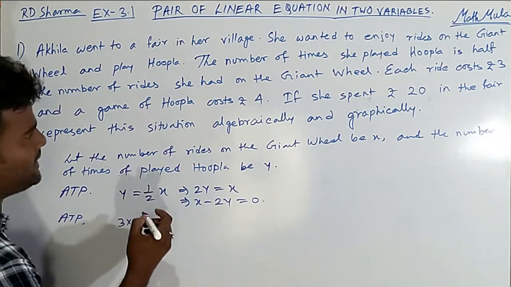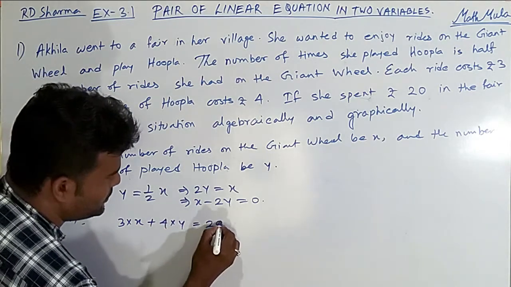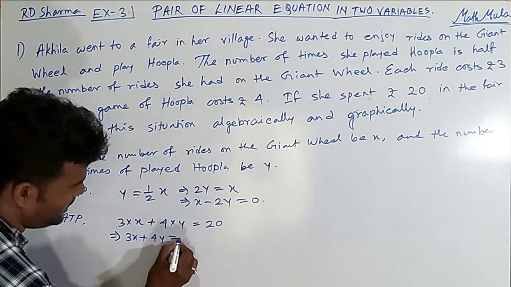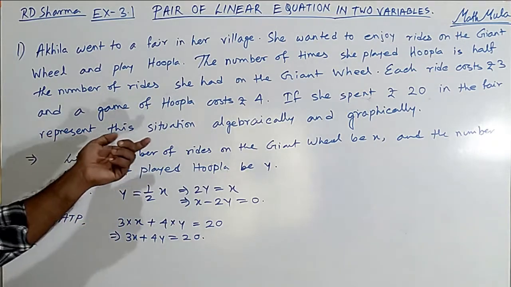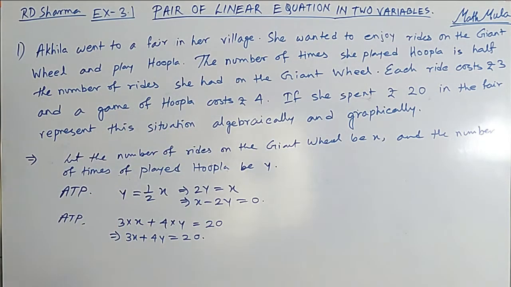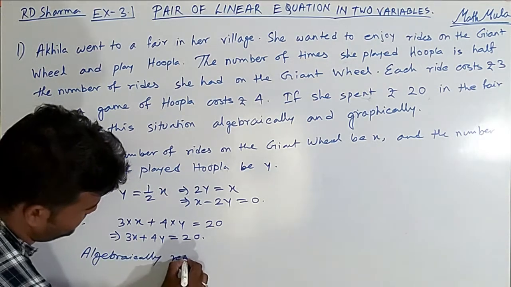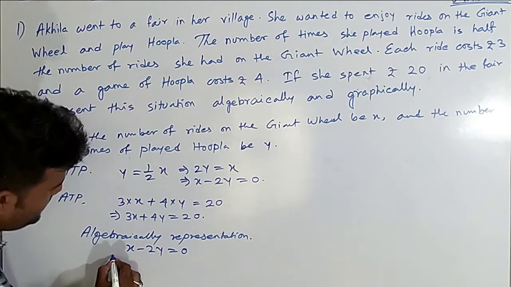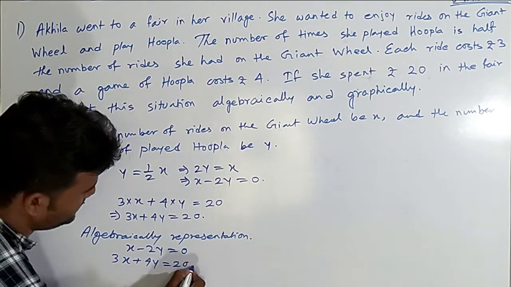And the cost for playing hoopla is 4 into y. And the total cost is 20. Now this can be written as 3x plus 4y equals 20. Okay. Now the question is to represent this situation algebraically. So the algebraic representation is x minus 2y equal to 0 and another equation is 3x plus 4y equals 20. That's it.